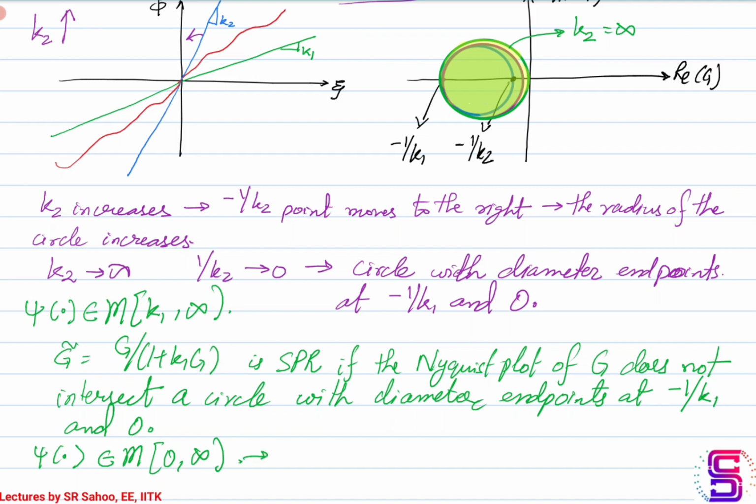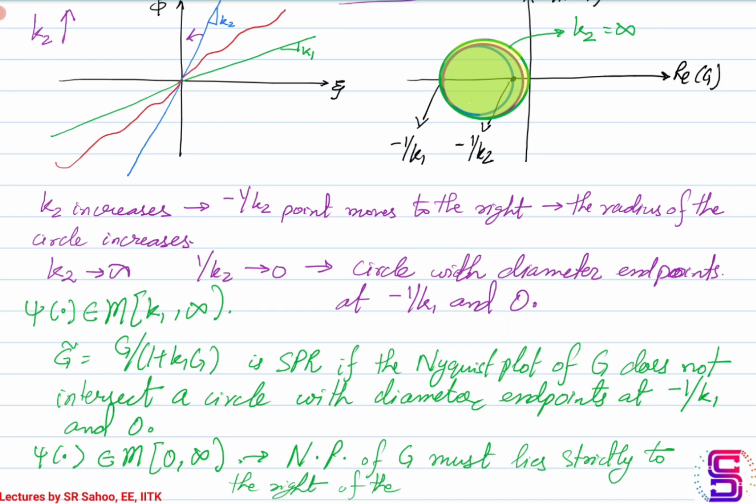So for this, the Nyquist plot of G must lie strictly to the right of the imaginary axis of the GS plane.